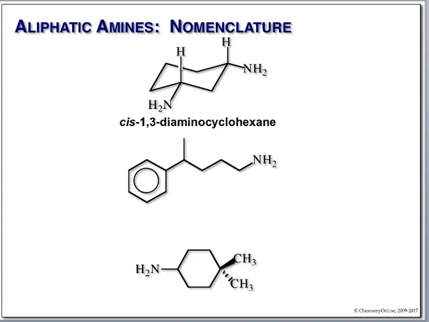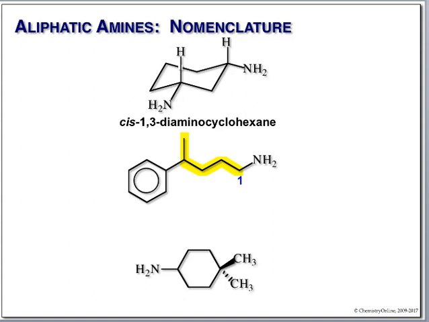Any question? We want the amino group to be on the parent. So we're going to let our chain be this guy. This would be at carbon 1, so that's going to win. So let's let that be our main chain. And let this be carbon 1.